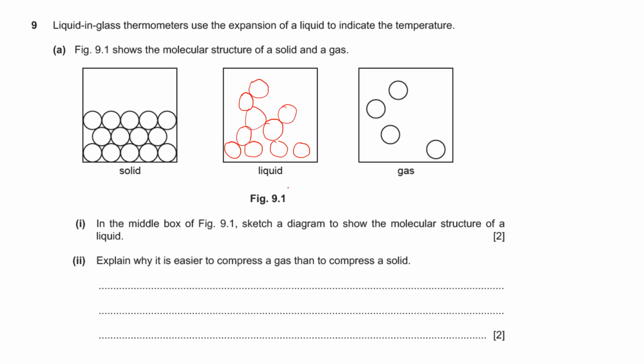So we can have something like this to show that the arrangement of molecules is much more relaxed compared to solid, but not as random as gas. They are loosely packed but close together and conform to the shape of the liquid.